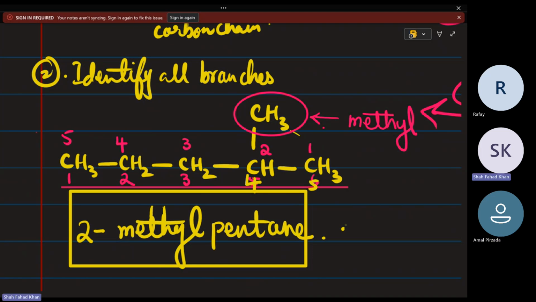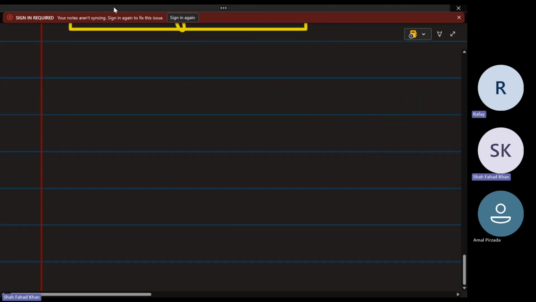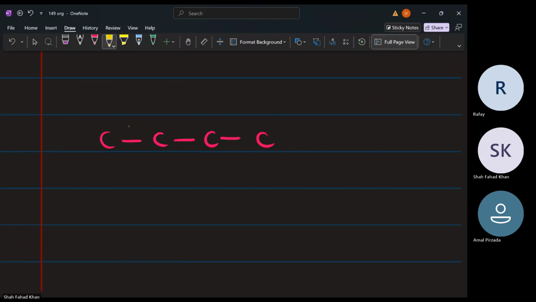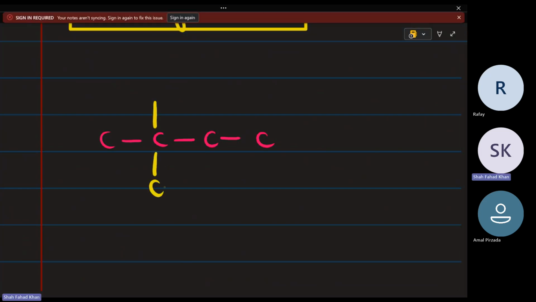All right. Now, what if you have multiple branches attached to the same chain? For example, you have a compound that looks like this, which has 2 methyl groups on this position. What to do? What's the first step, Rafi?